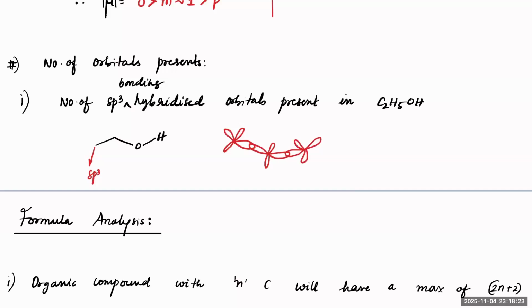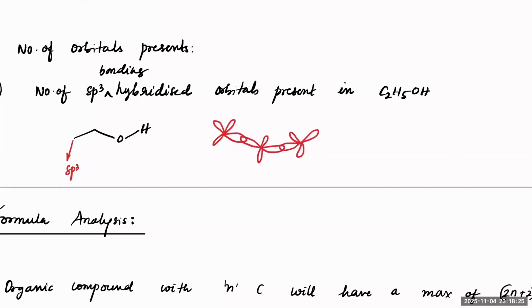Got it? So you can see that when it comes to hybridized orbitals, how many are present here? Sorry, we are talking about sp3, correct? And I'm only talking about bonding hybridized orbitals, not non-bonding. So in that case, all of them are bonded with hydrogen, 1, 2, 3 here, 1, 2 here, and 1 here.